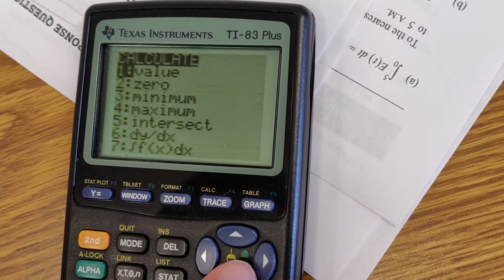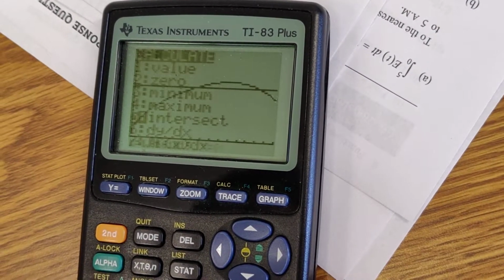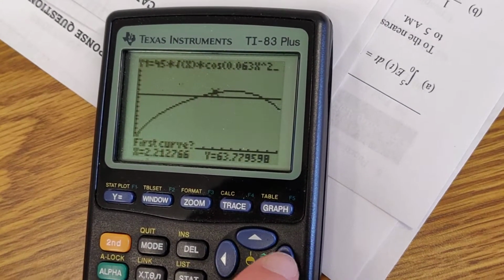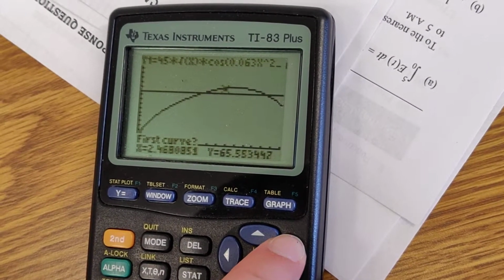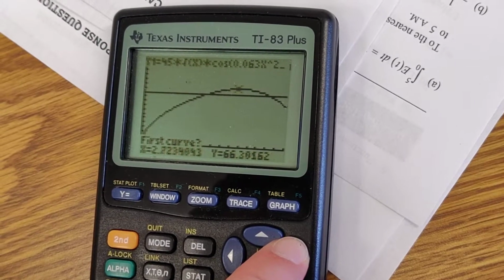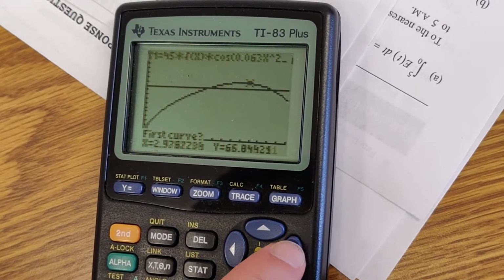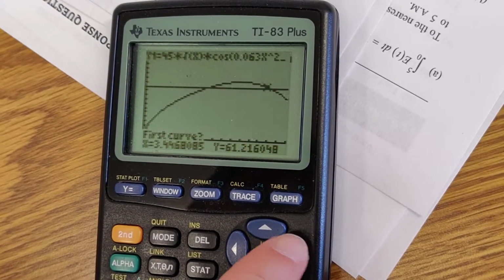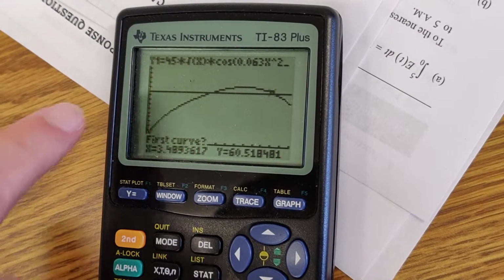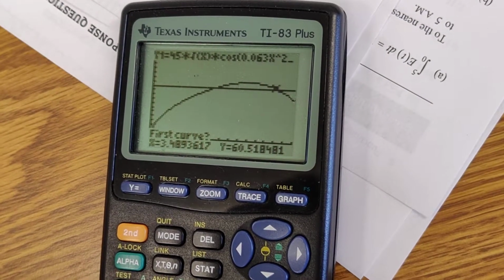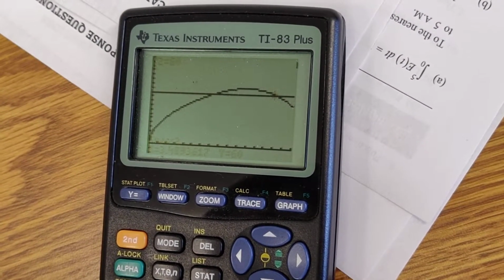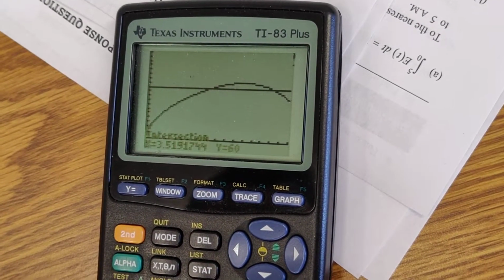Same procedure, second calculate, intersect, use the right arrow to get to the other point of intersection. You'll get there eventually, just like I will get there eventually. It looks like I'm there. Again, we're going to press enter 3 times, once for the first curve, once for the second curve, and once for our guess.